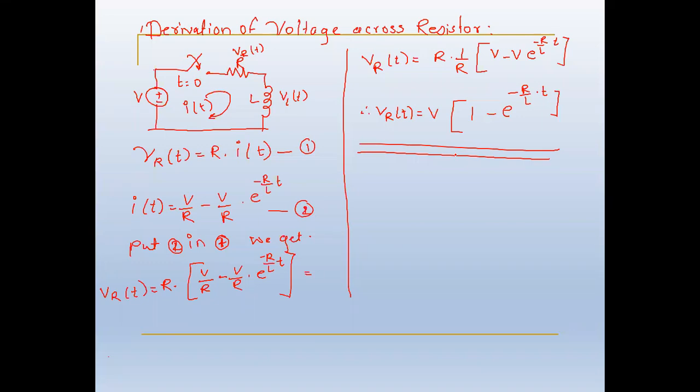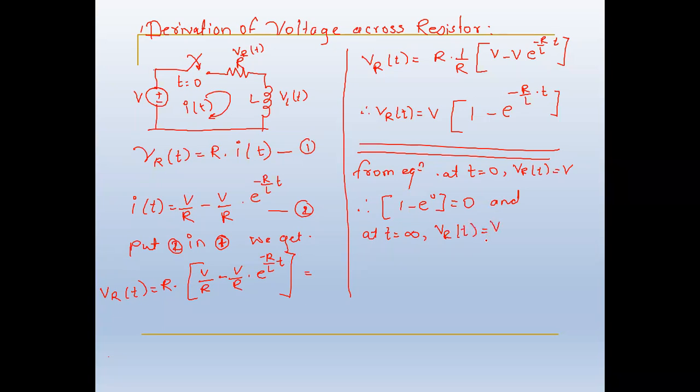From this equation, at t is equal to 0, VR of t is equal to 0, since 1 minus e raised to 0 is 0. And at t is equal to infinity, VR of t is equal to V. What does it mean?